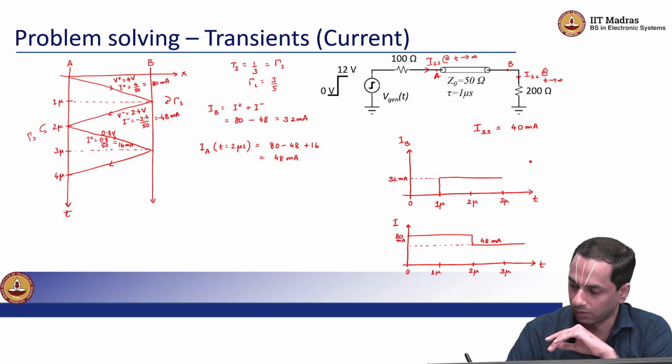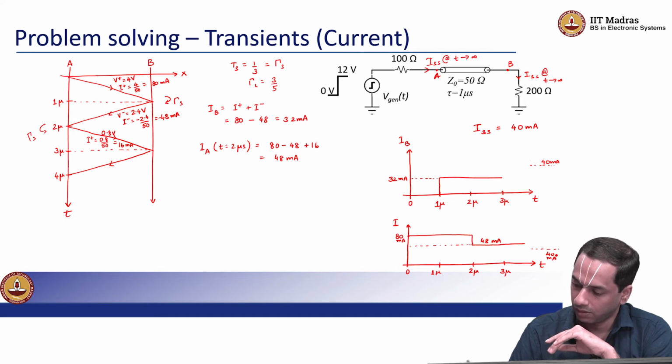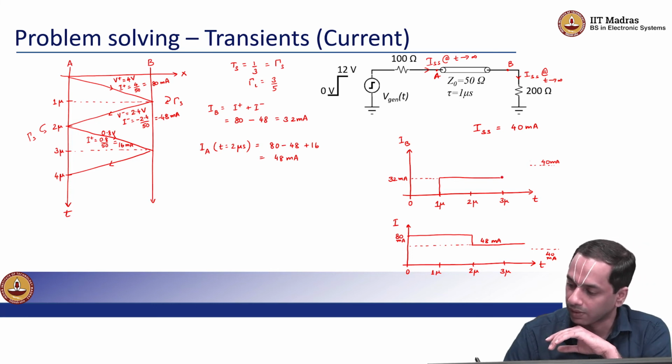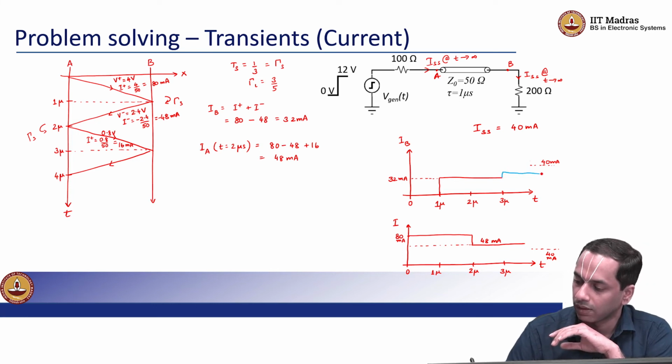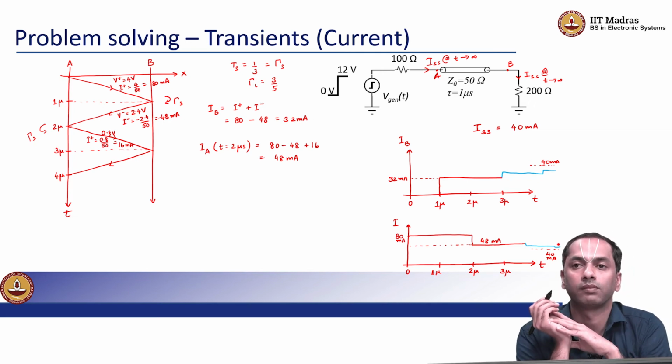Okay, so say that this is 40 milliamps. Similarly, this is 40 milliamps. You will have some sort of an asymptotic behavior.